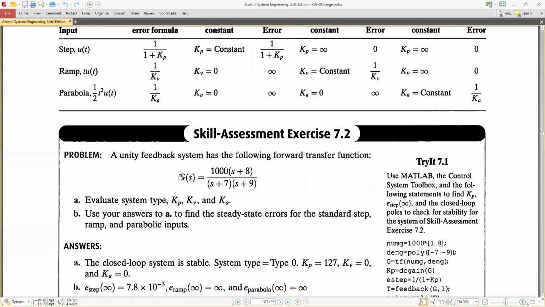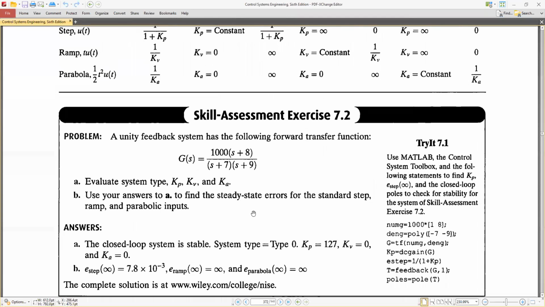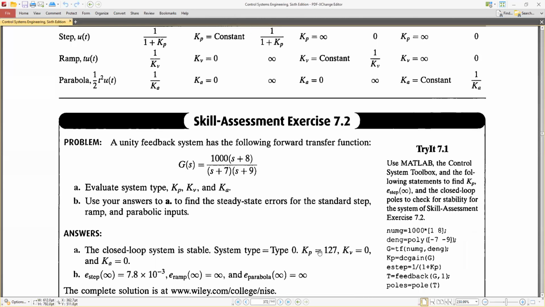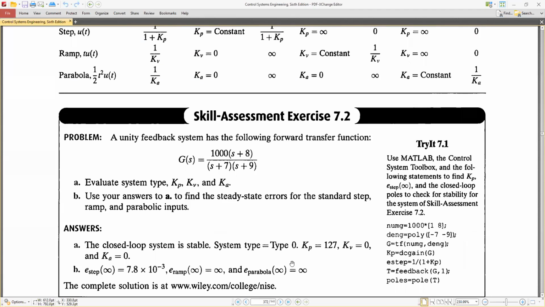So first of all, given a unity feedback system, evaluate the system type, Kp, Kv and Ka. So find out the Kp, Kv and Ka and determine the system type. So Kp is 127, Kv is 0, Ka is 0. So it is type 0.